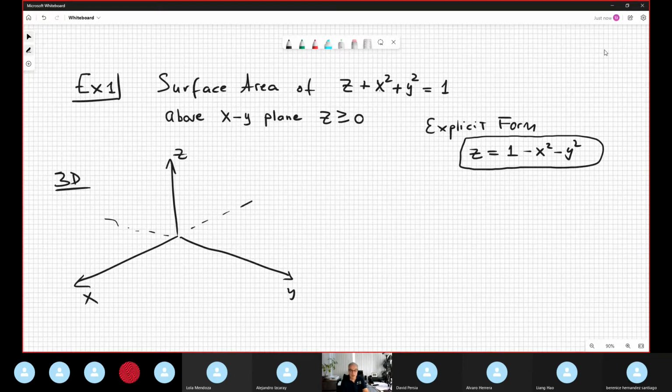What is the intercept on the z-axis? What is the intercept with the z-axis? You declare x0, y0. It is 1, no? And this parabola, guys, look, it is super easy. Suppose that I am doing traces.